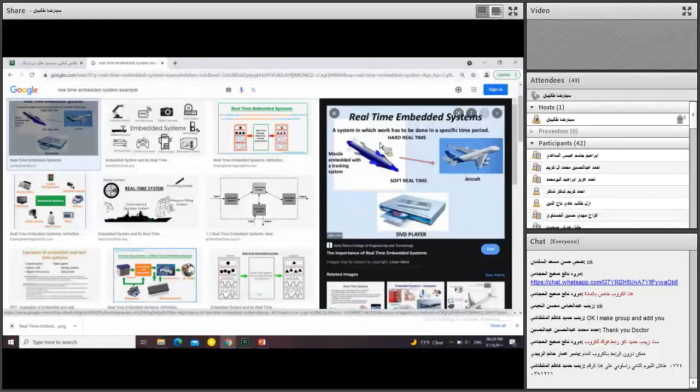In a system in which work has to be done in a specific time period, or hard real time, for example, a missile embedded with a tracking system, aircraft, or a DVD player, because a DVD player must be real time to proceed.